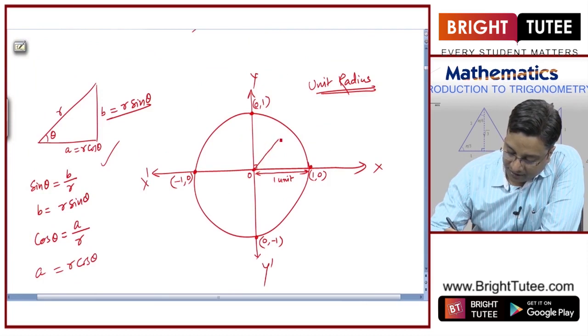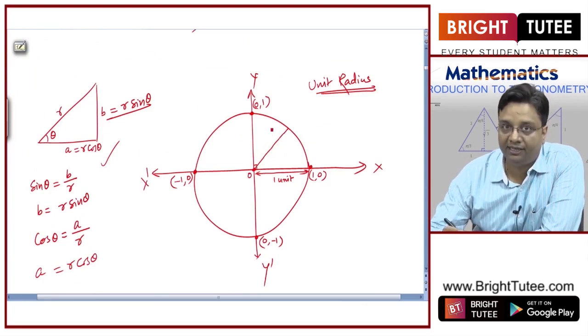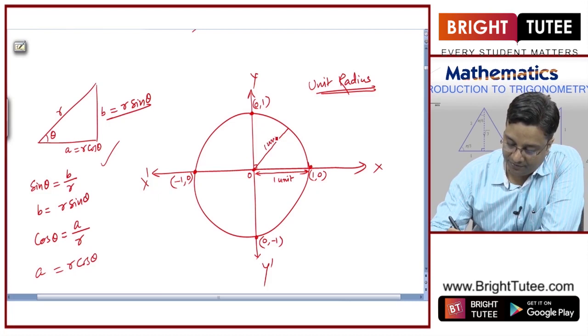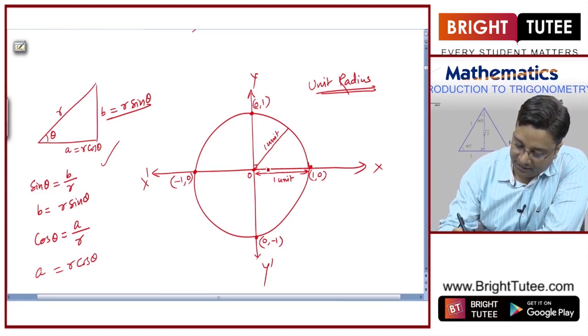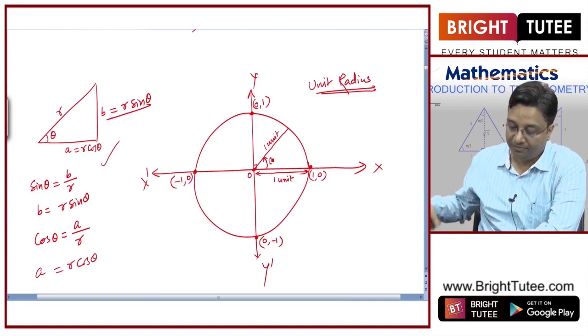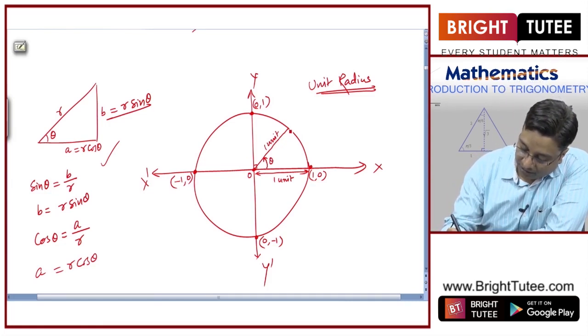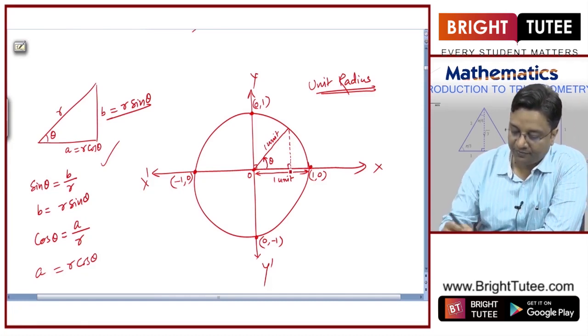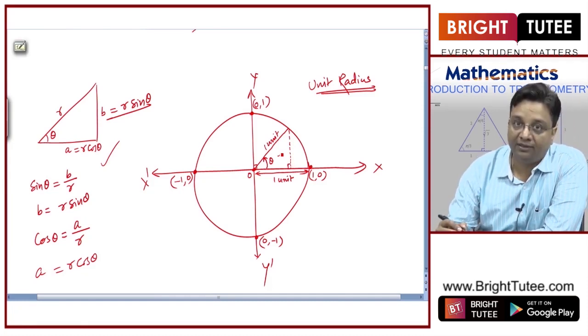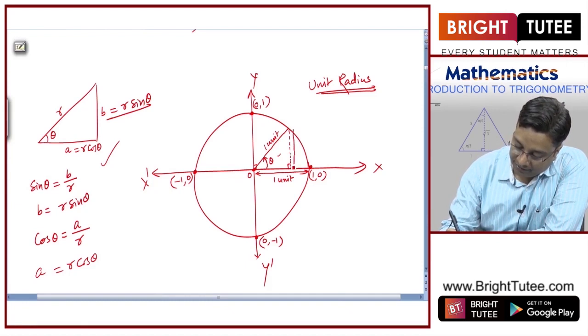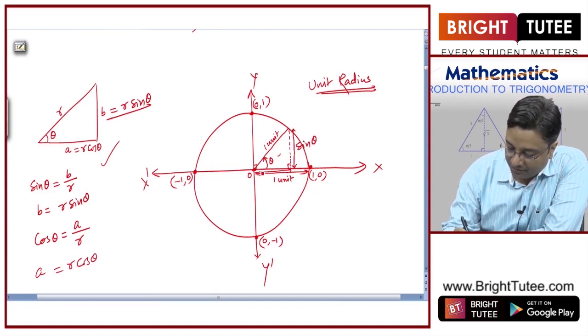So, let us use this concept here. If I take this length here, this is still the radius, hence it is 1 unit, okay, and let us take this angle as angle theta. Now, if I drop a perpendicular here, so tell me that in this triangle, what will be this side? This side opposite to this angle will be sin theta, and what will be this side up to this point?